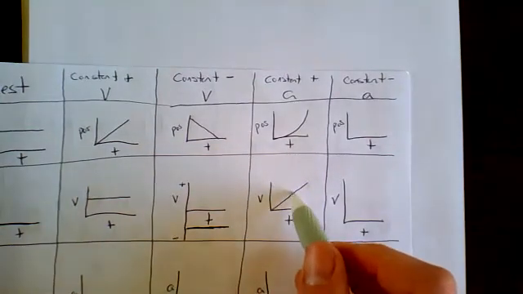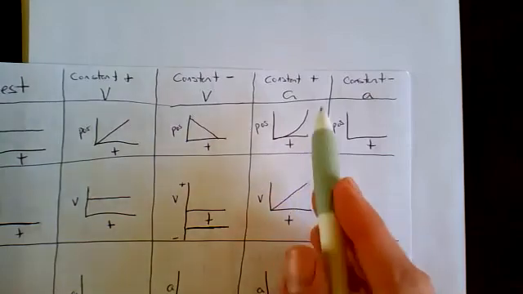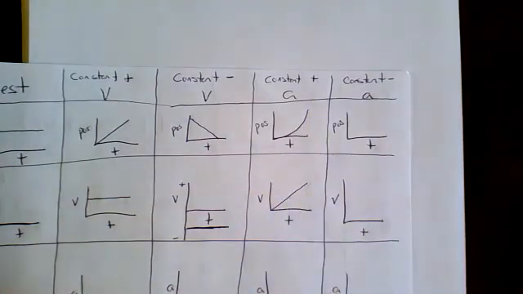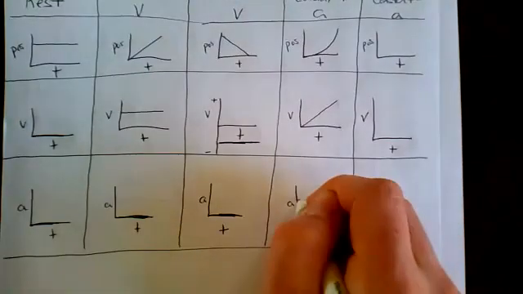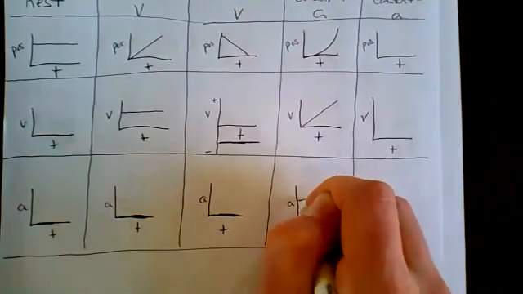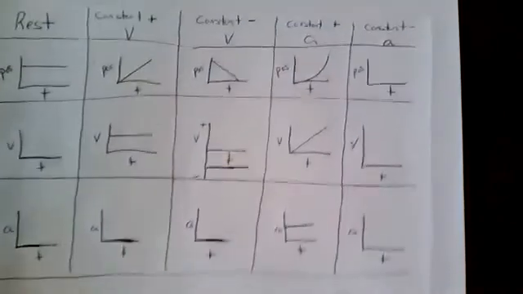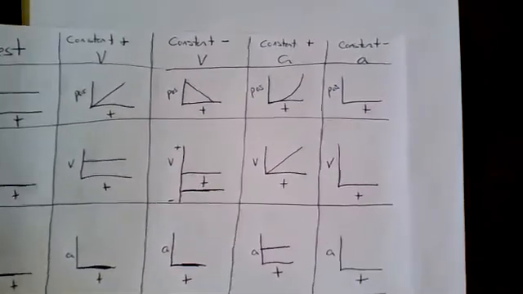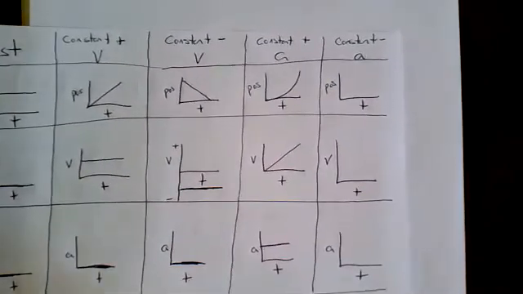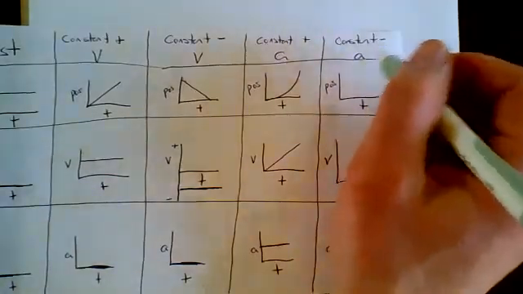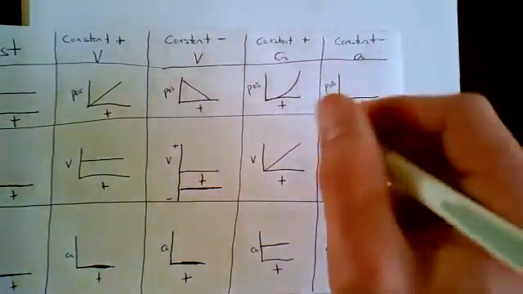If I look at this graph, my slope is now my velocity, and it's increasing, so my acceleration is constant in the positive. Now let's move on to the last one. What if I have a constant negative acceleration?